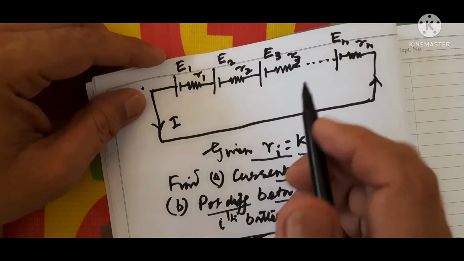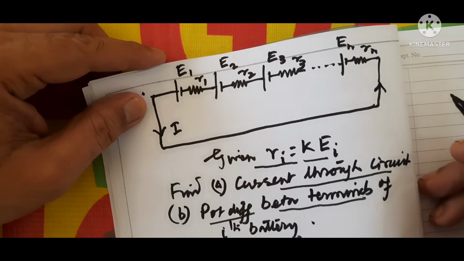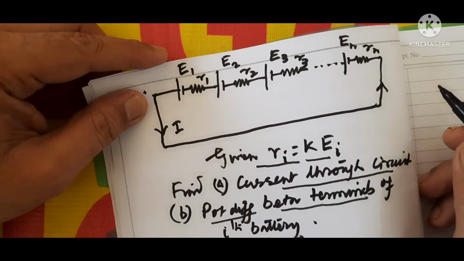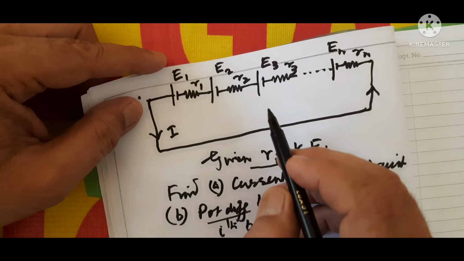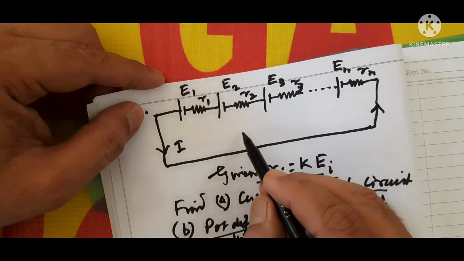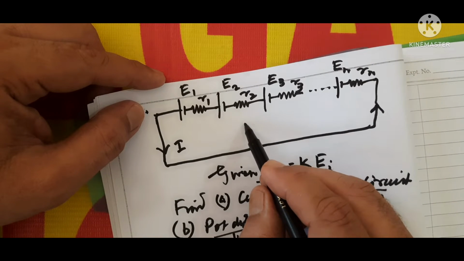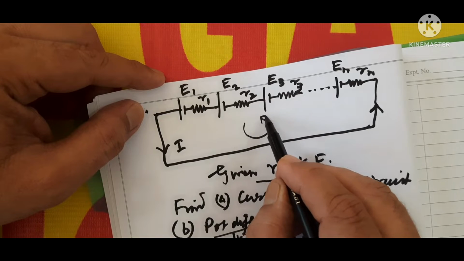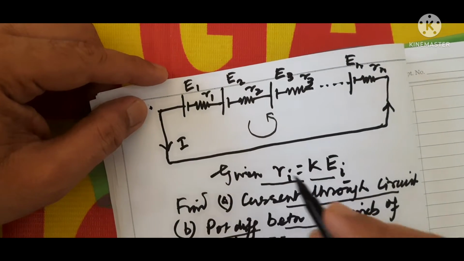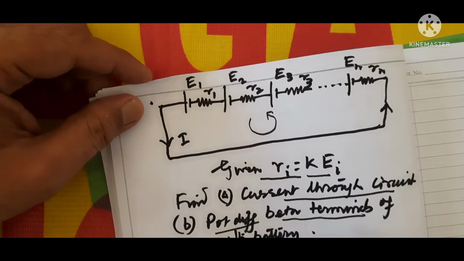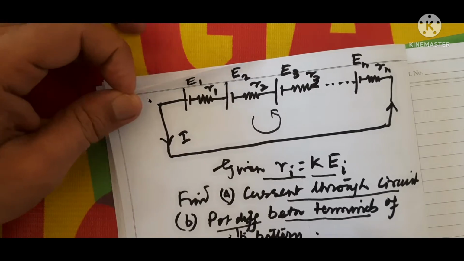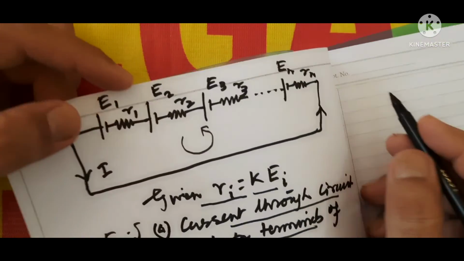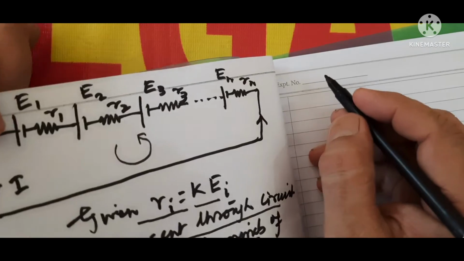We can use the Kirchhoff's law here, and we can solve it. For the Kirchhoff's law, better to assume the direction. Say this is the direction of the assumed current. So then how we are going to proceed, just to see on this particular page.